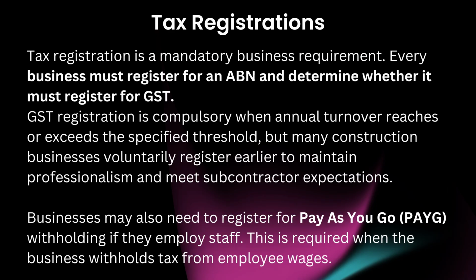Tax registrations. Tax registration is a mandatory business requirement. Every business must register for an ABN and determine whether it must register for GST. Registration is compulsory when annual turnover reaches or exceeds the specified threshold, but many construction businesses voluntarily register earlier to maintain professionalism and meet subcontractor expectations.